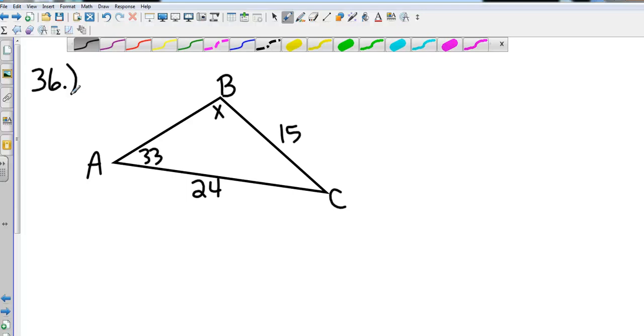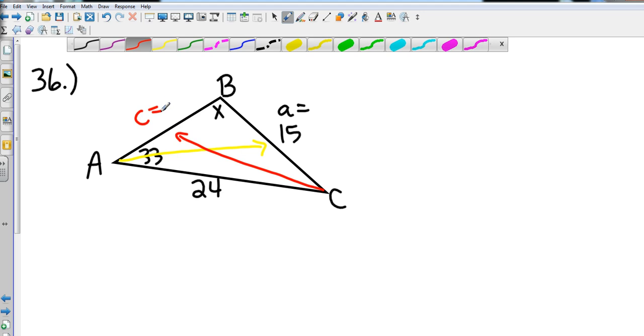But in this case we don't, so we're going to use law of sines. So understand that if this is angle A, then this is side A, which means this would be side C if we needed to, at lowercase c.